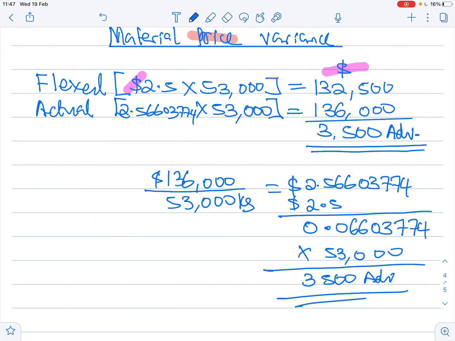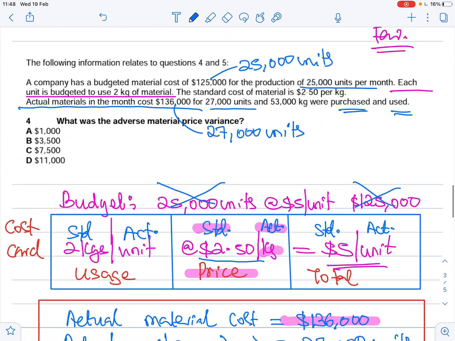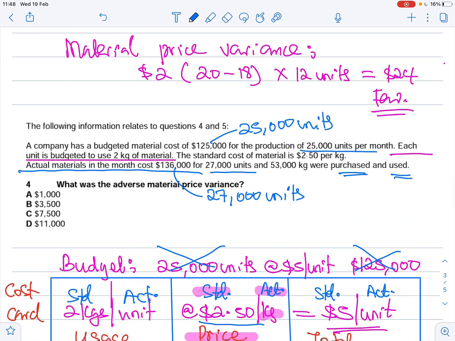But he did not buy just 1 kg. He bought 53,000 kg. So multiply that by 53,000, and you have 3,500. So he overspent by 3,500, and to the company, that says adverse. So you come to the options and you select 3,500. And remember, from the requirement, you have been pre-informed that it is going to be adverse. Okay, so that is it.